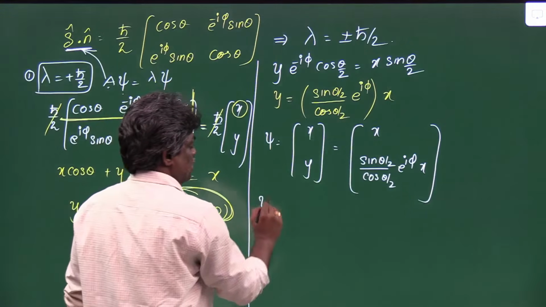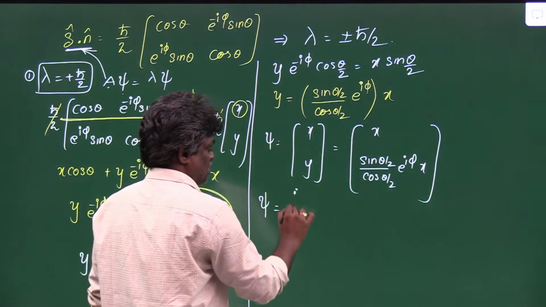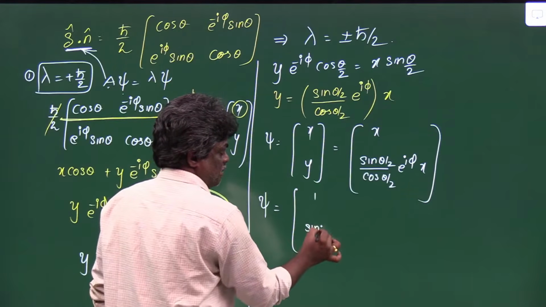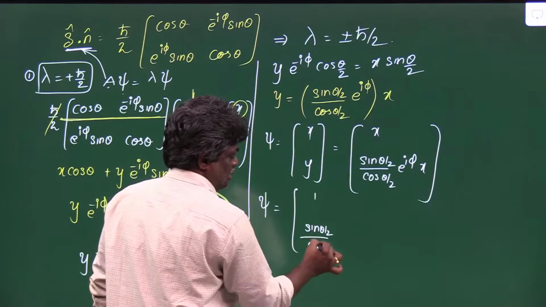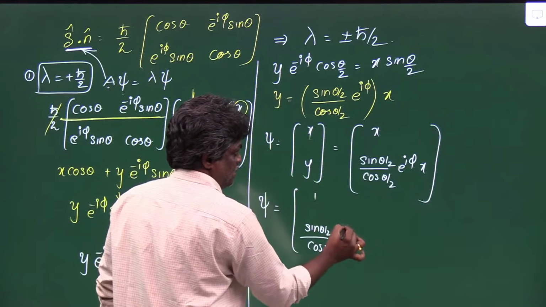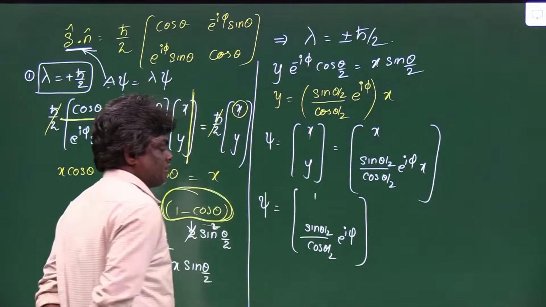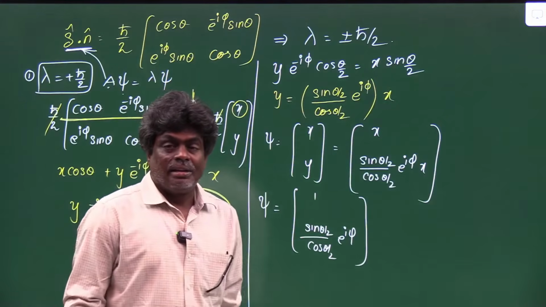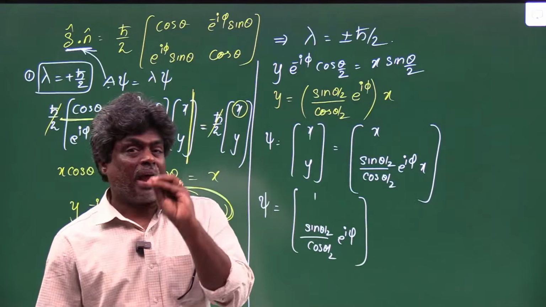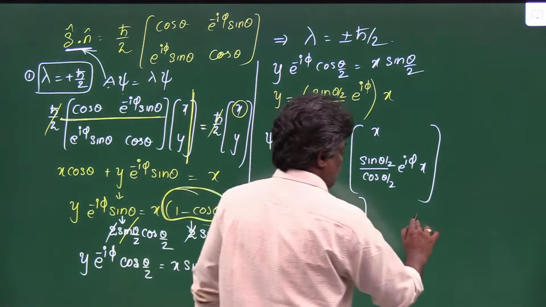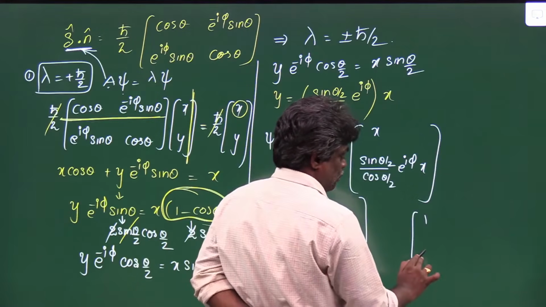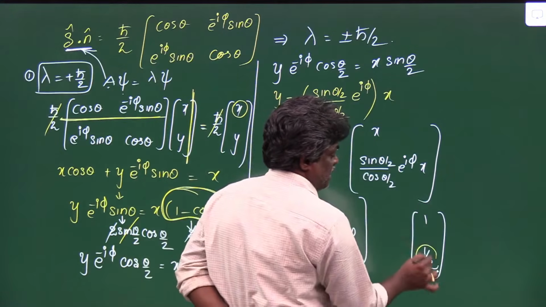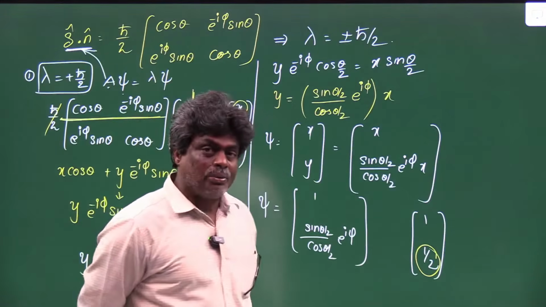Now we have to take the least one, that's why 1, and sin theta by 2 by cos theta by 2 e raised to i phi. Up to this is okay? Next point. Listen. Whenever we have fractions in the eigenvector, for example by mistake we have an eigenvector like 1, 1 by 2, we should not keep it in fractions.